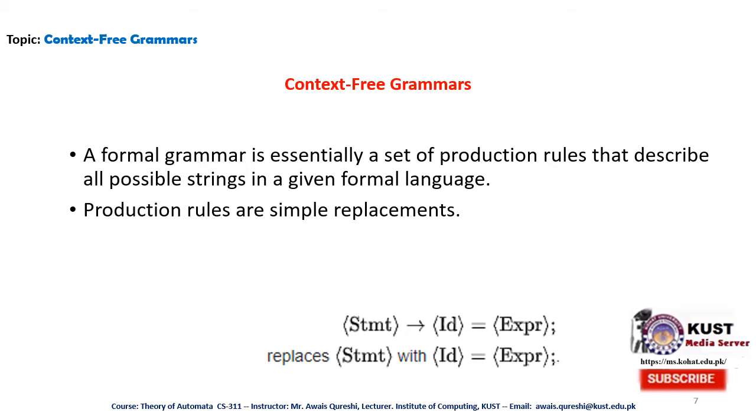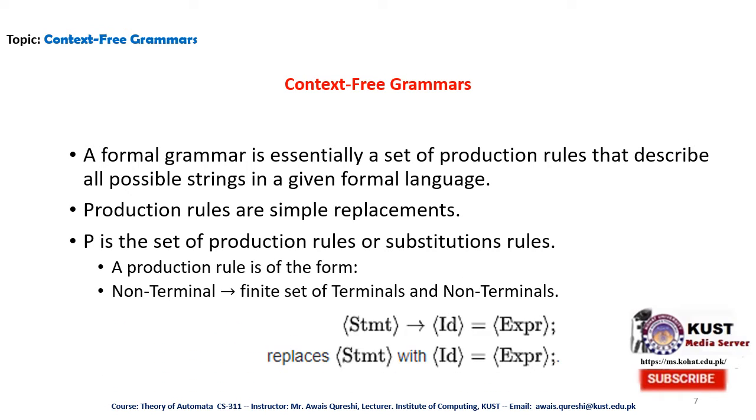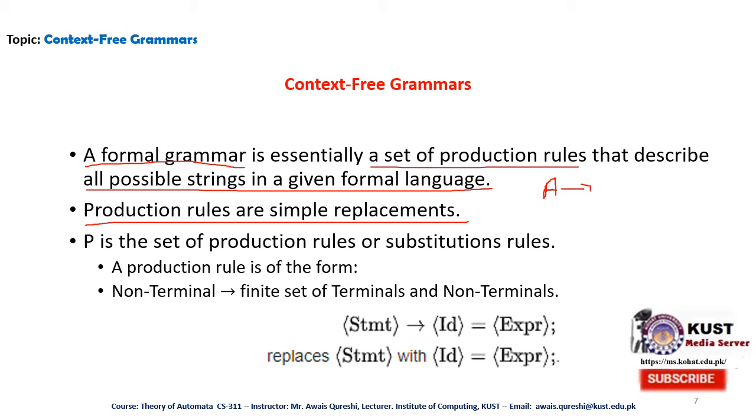A formal grammar is essentially a set of production rules that describe all possible strings in a given formal language. What do we mean by a production rule? Production rules are simple replacements. Like we have seen previously, A implies alpha is a production rule, and production rules are simple replacements.